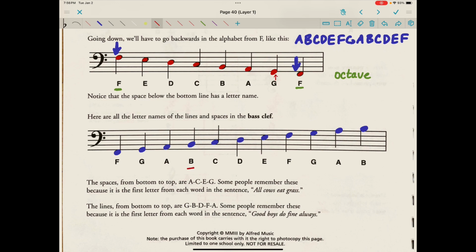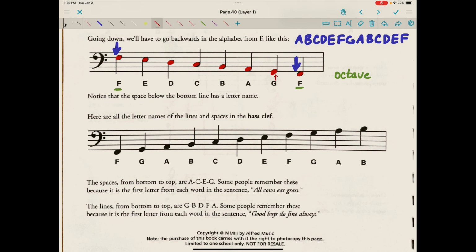And this B to this B is also an octave. So this B might be sung by a bass singer. This upper B might be sung by a tenor singer. They would be singing an octave apart, but it would sound as if they were singing in unison.